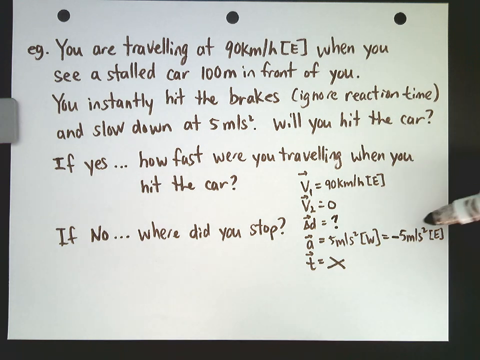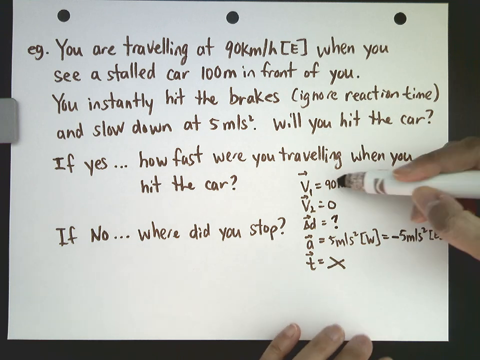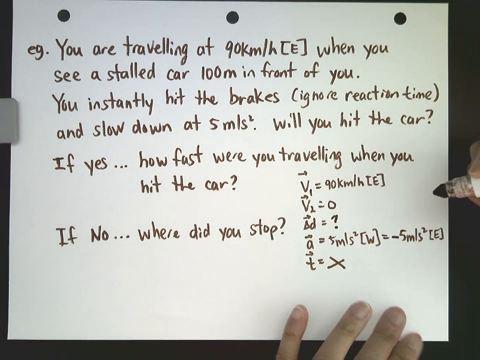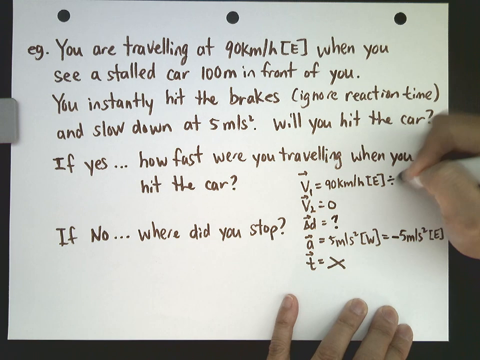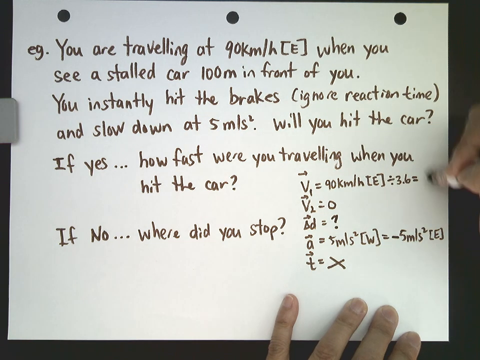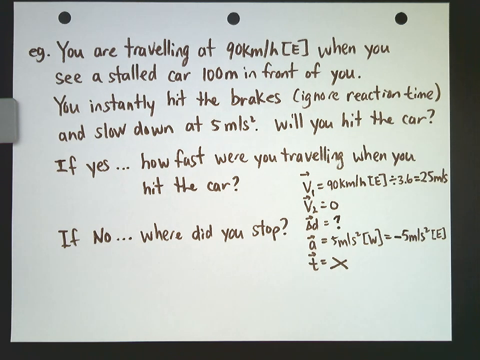Before we continue though, let's take a look at our units again. We're okay with the -5 because it's slowing down, but 90 kilometers per hour is not acceptable. We need to convert that. When we convert that, we're going to turn that into 25 meters per second. Now time is missing, or we can ignore it.